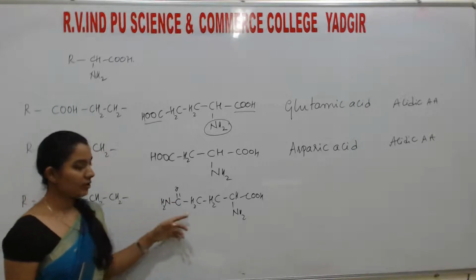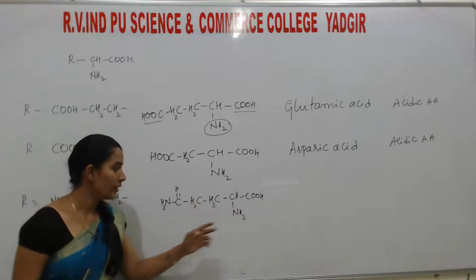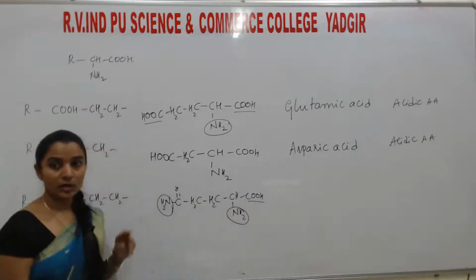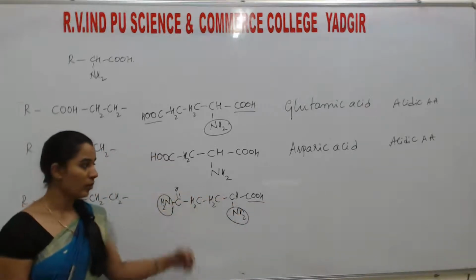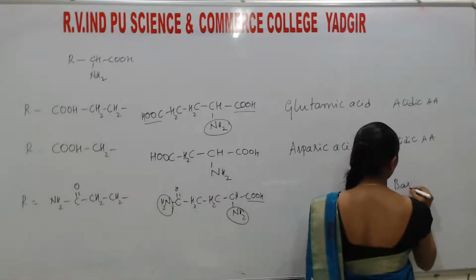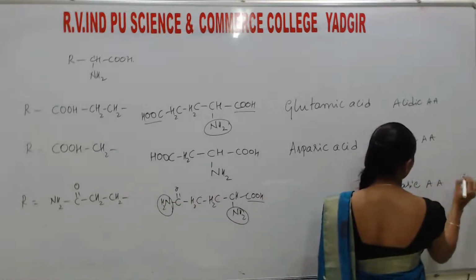If you compare here, two amine groups are there and one COOH group is there. If amine groups are more than COOH groups, then they are basic amino acids.